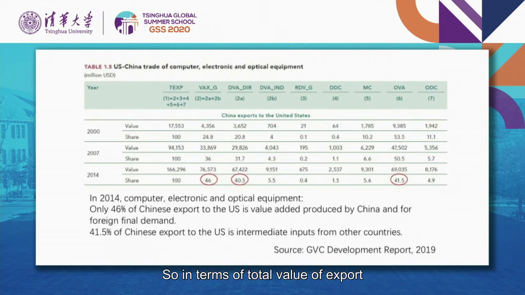In terms of total value of export from China to the US, it's a huge number. It's $166 billion. Okay, how much of it is actually produced in China, instead of buying intermediate inputs from other countries and reassembling it? How much value added is produced in China and then consumed by a foreign country? Only 46% of that is actually produced in China.